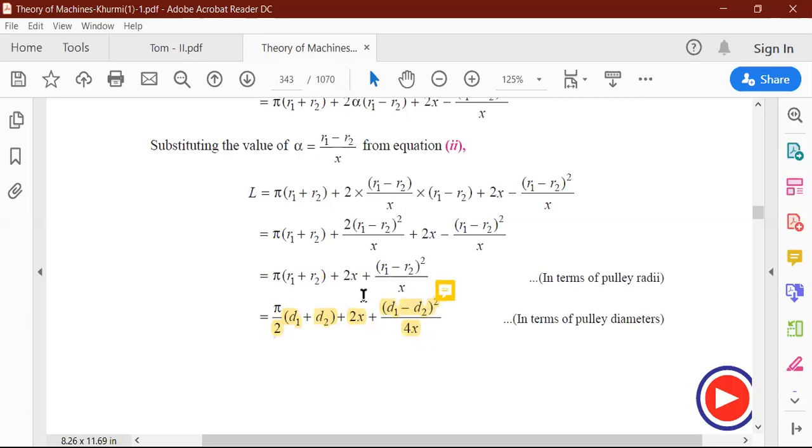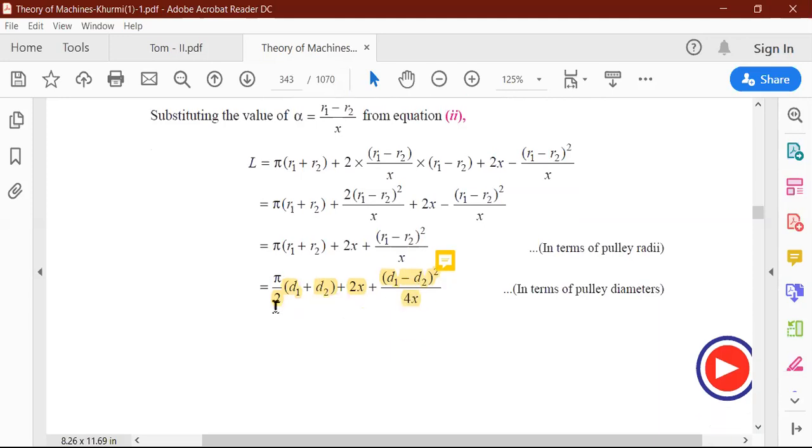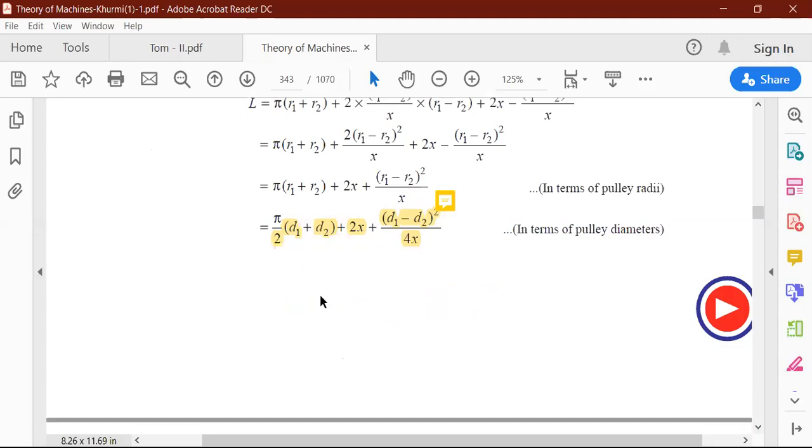So it is in diameter form. You can also write this in the form of radius, like pi into bracket r1 plus r2, plus twice x, plus bracket r1 minus r2 bracket square divided by x. So we can convert this formula into radius form also.